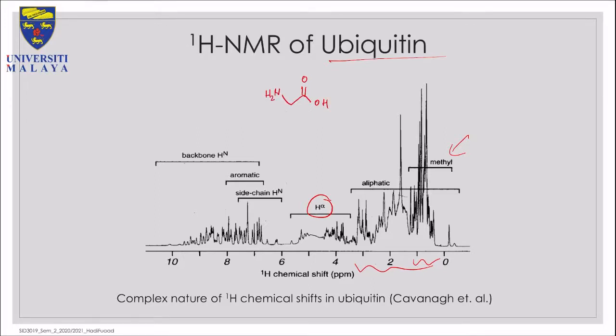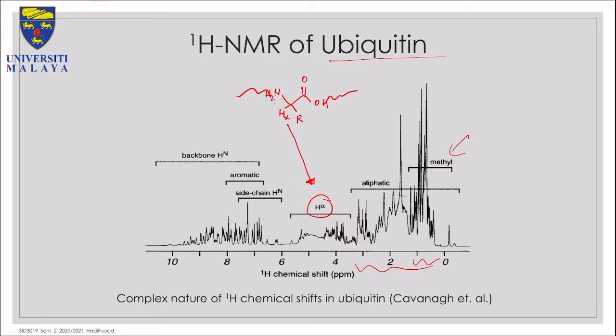this is just a simple amino acid, but of course if you are talking about proteins and peptides, then you have interconnected bonds over there. You have the R group, and of course you will have your alpha proton. So this is the range whereby you can see your alpha proton.